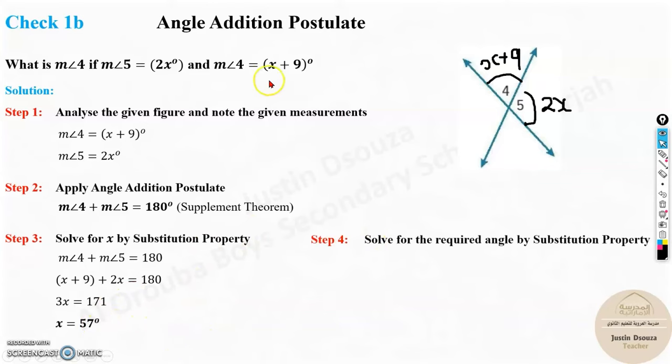You need to substitute in the given equation, that is measure of angle 4 equals x plus 9. Whatever you just found was only x. Now x is found, put it back over here. 57 plus 9. Now the measure of angle 4 equals 66 degrees. So this is your final answer.